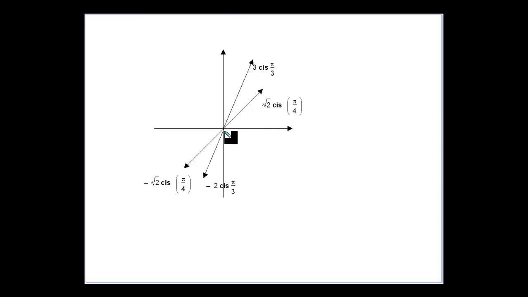There's our root 2 cis pi on 4, 3 cis pi on 3, minus root 2 cis pi on 4, minus root 2 cis pi on 3. You can see the direction. This one's probably a little bit shorter than it should be, but that's where they're going to end up, and we can see the same distance but a different direction.